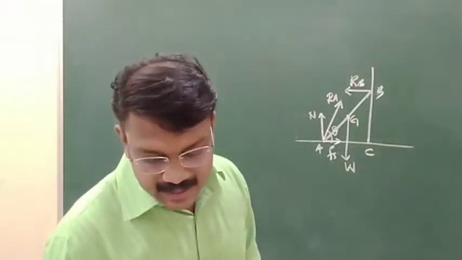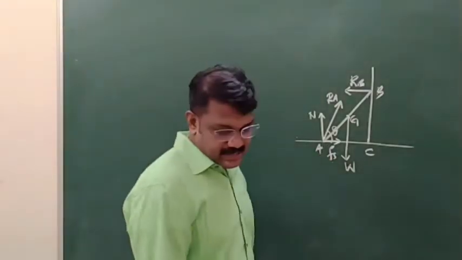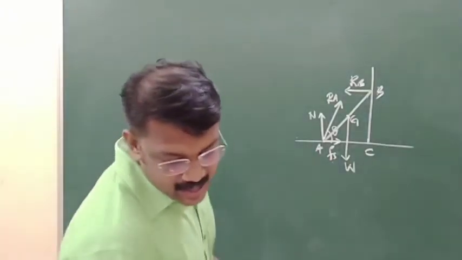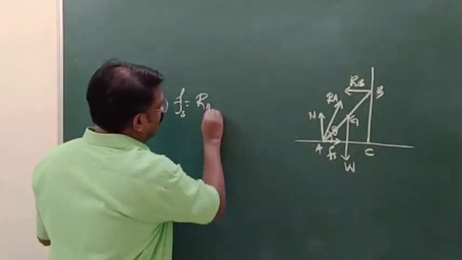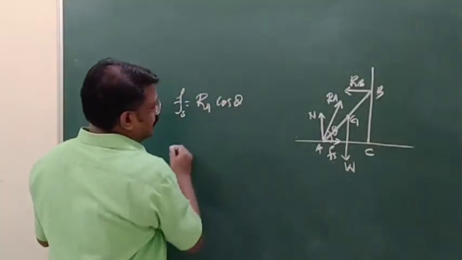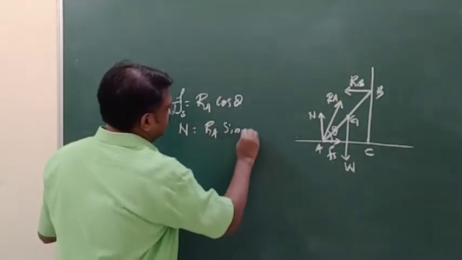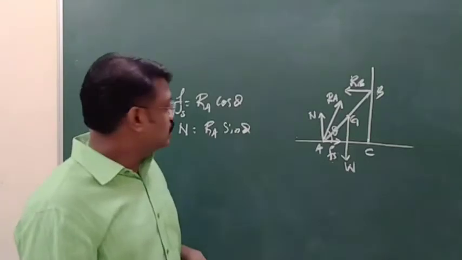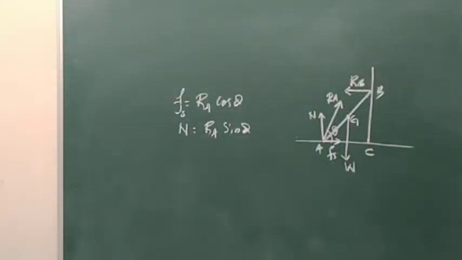To keep the ladder in equilibrium, what is the force acting at point A? Fs is equal to Ra cos theta and N is equal to Ra sin theta. At equilibrium, Fs is equal to Ra cos theta and N is equal to Ra sin theta.